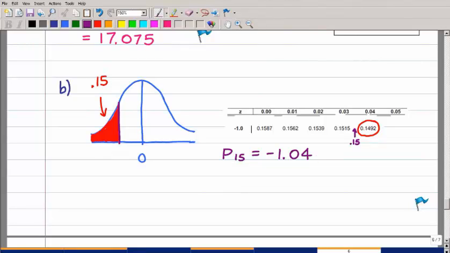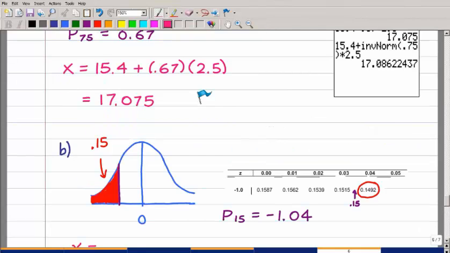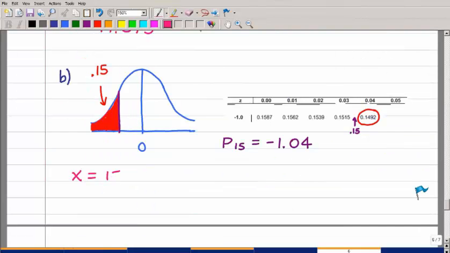So the value that represents the top number of the bottom 15% is mean, 15.4, plus this z-score of negative 1.04 times 2.5.